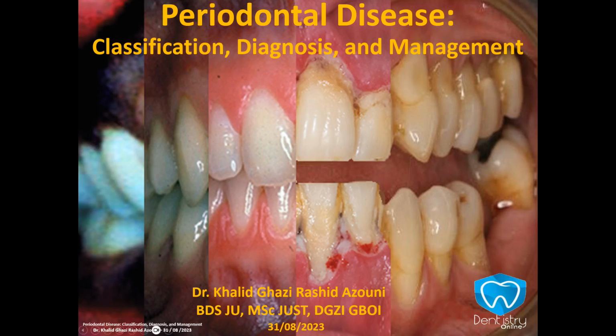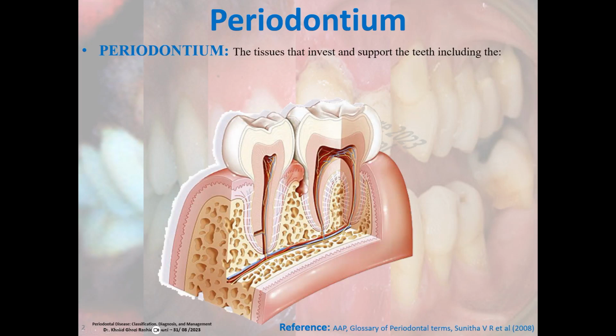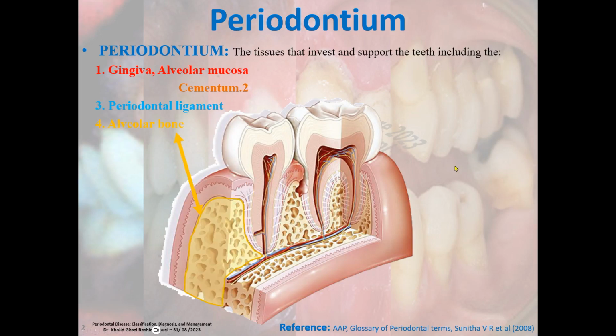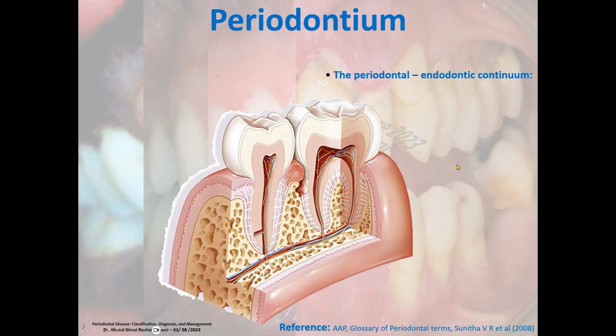And here, let's start by defining our playground where all these diseases happen. The periodontium is a tissue unit that invests and supports the teeth, including these four tissues: gingiva and alveolar mucosa, the cementum, the periodontal ligament, and the alveolar bone.